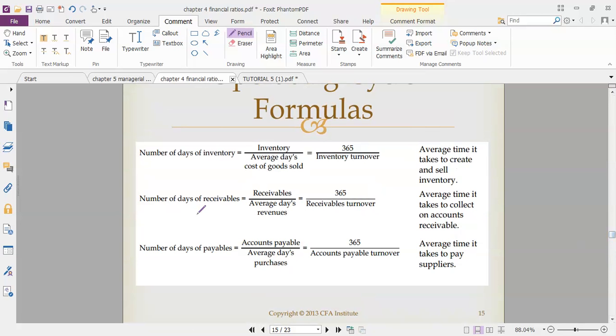It means how much time it takes for the company to get back their account receivable, or to collect on the account receivable. You also can use this formula. Wait, I will give you the formula.